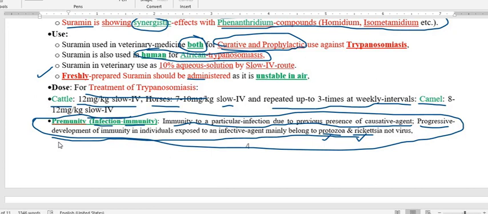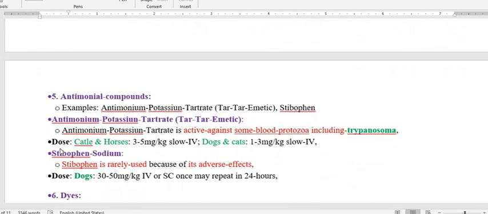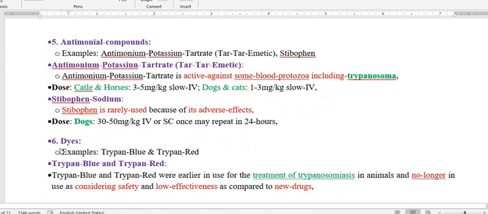Some protozoa persist in the host animal, and that small number remaining intact produces premunition against Babesia.